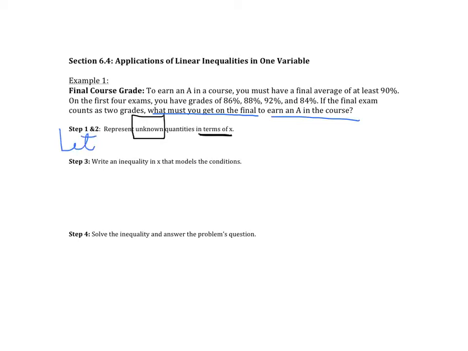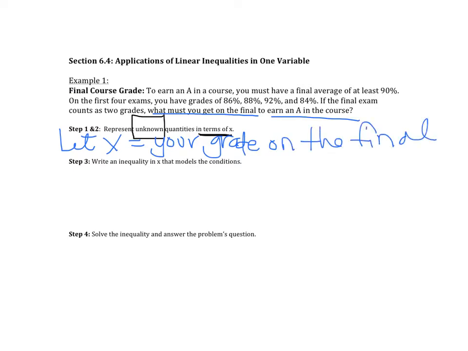So we're going to let X be your grade on the final. That's what we're looking for. There are no other unknowns in this case, which is why I put steps 1 and 2 together.